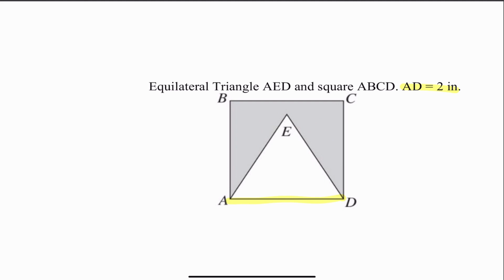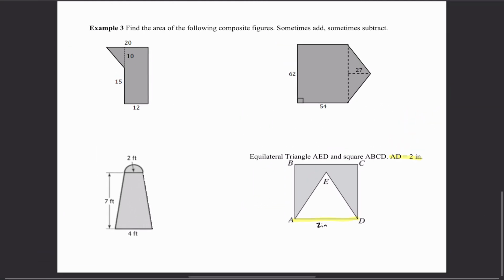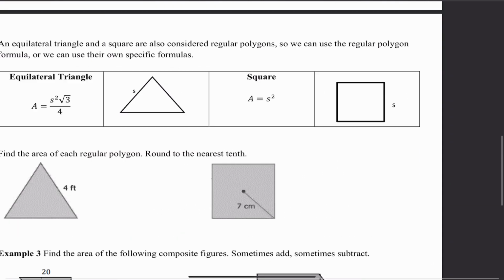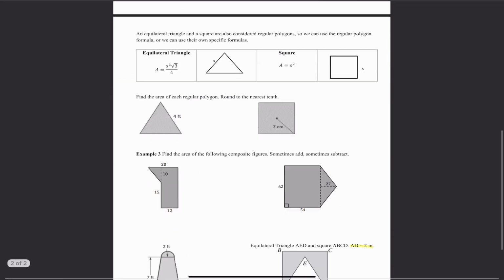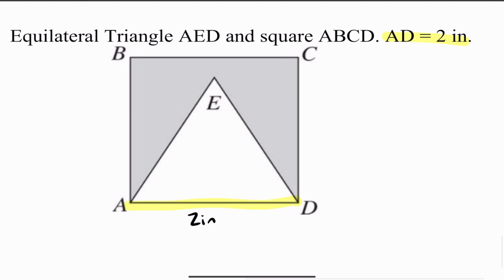We have a square, and we also have an equilateral triangle. So, given a square ABCD, and AD is 2 inches, well, that's really, really easy. I can figure out the area of the square using this formula, A equals side squared. So, let's find the area of the square.